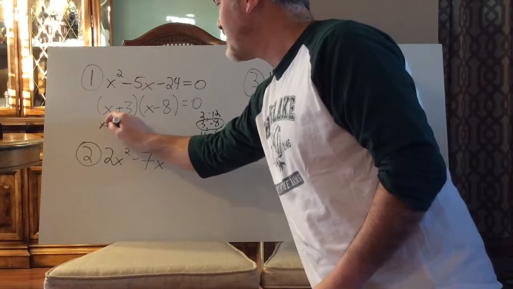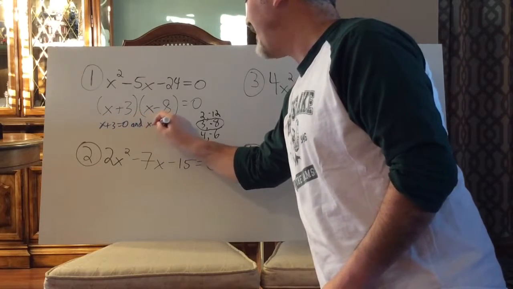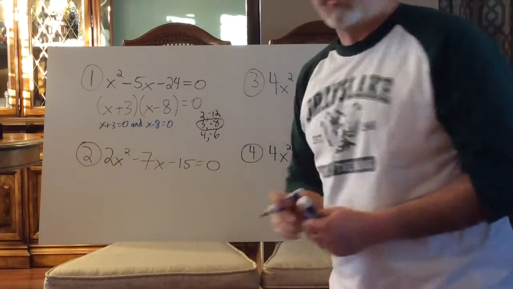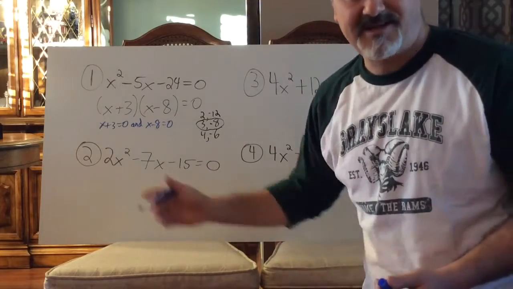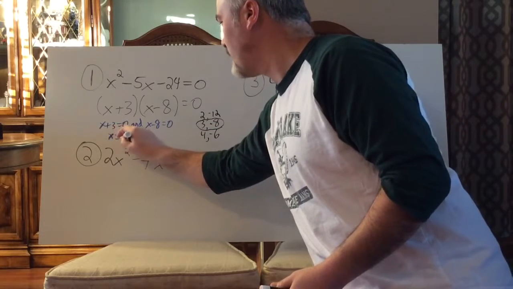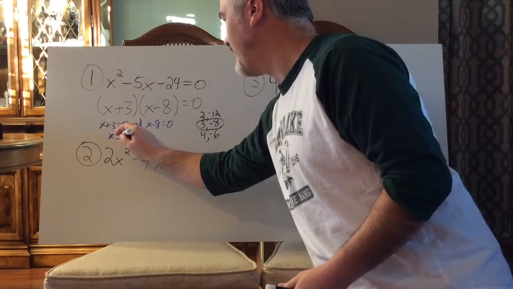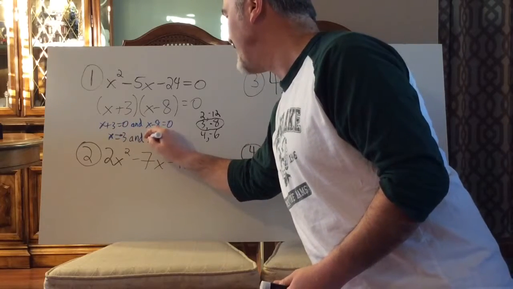So x plus 3 equals 0 and x minus 8 equals 0. Solve each one, subtract 3 from both sides, add 8 to both sides. x equals negative 3 and positive 8.